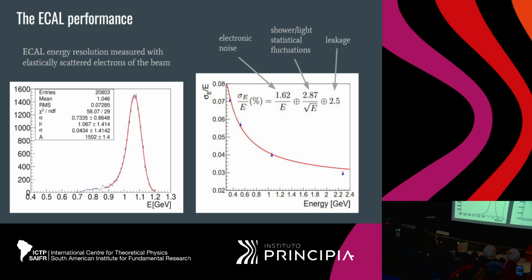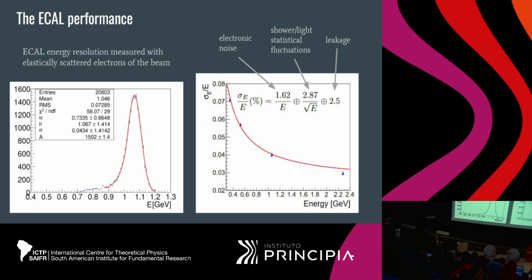Usually the resolution for electromagnetic calorimeters is defined by 3 terms, which are due to different happenings in the process of depositing energy in a calorimeter. So this is a relative resolution, sigma E over E, and it is composed of 3 terms, which have been obtained by a fit to these points.